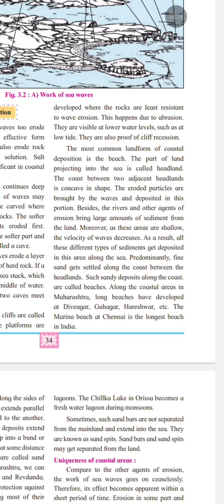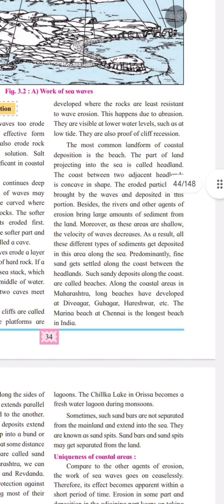Between two nearby headlands, the coast is generally concave. So the eroded material brought by waves gets deposited there, and rivers and other agents also bring sediments. Since the water is shallow, wave velocity decreases and sediments are deposited. These sandy deposits along the coast are called beaches.